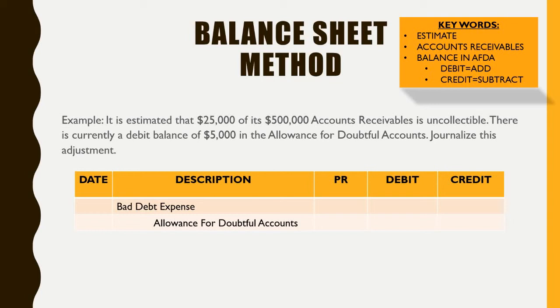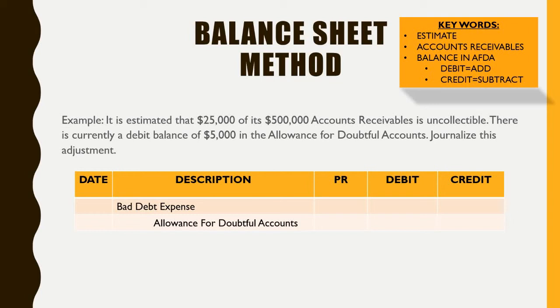So in this case, what I'm entailing here is that this estimated amount means that at the end of this adjustment, I need to have $25,000 in my allowance for doubtful accounts at the end of the day.